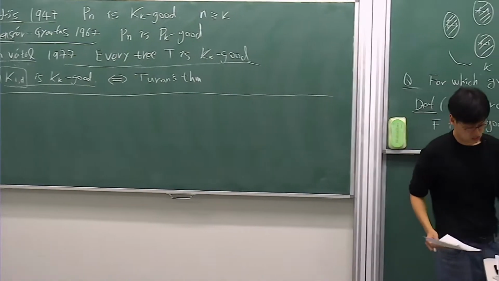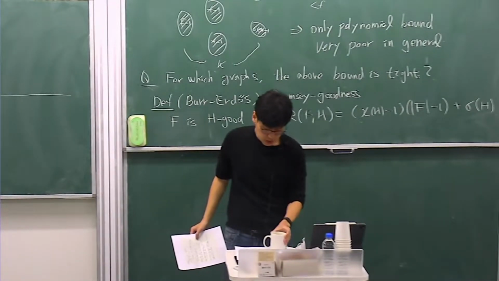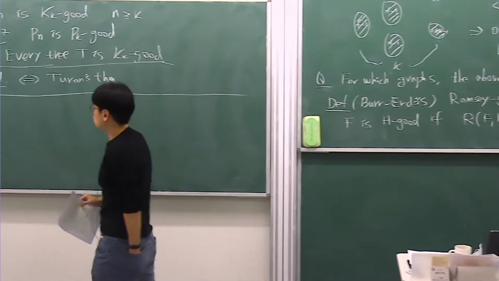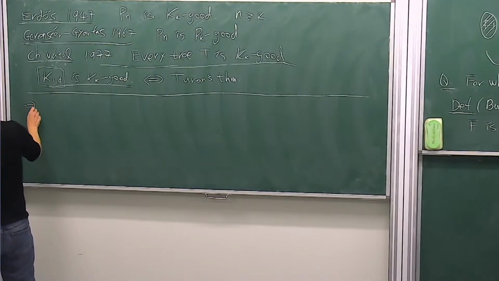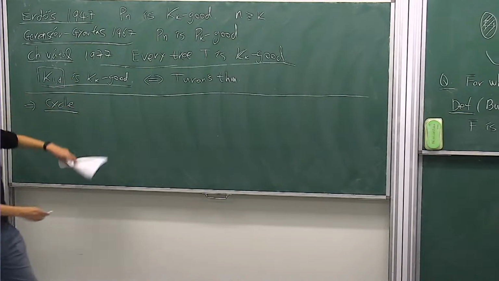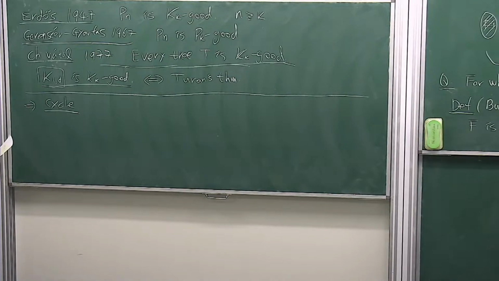Okay. Then, now what? We considered the tree. Next thing is the cycle. That's natural. It kind of says that for every tree, you can consider this goodness with a complete graph pair.